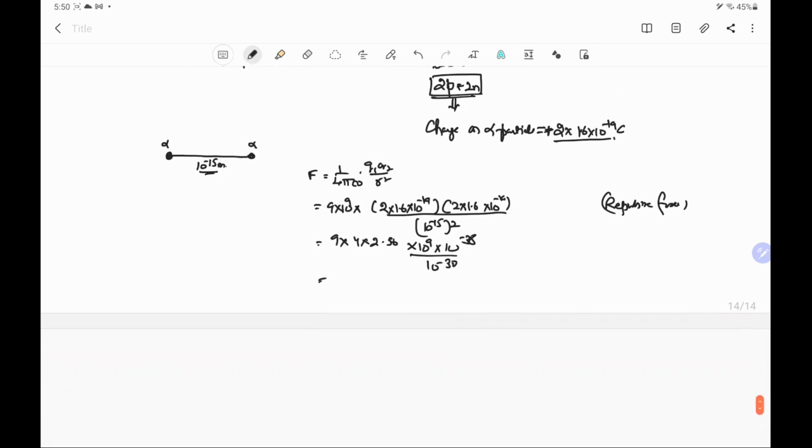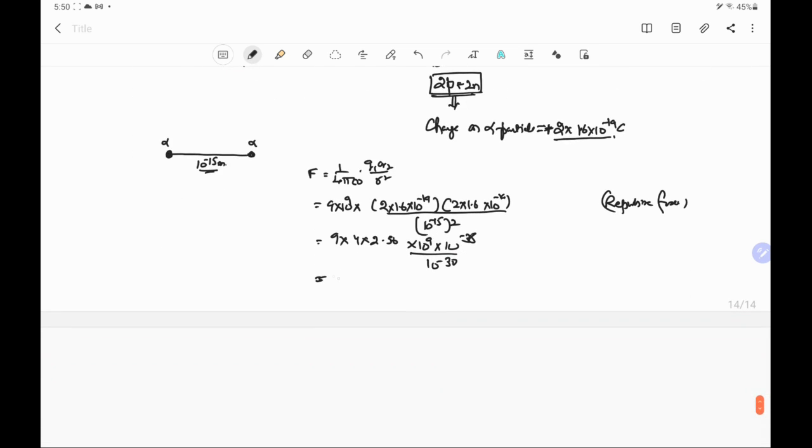It is equal to 9 into 4, 36, into 2.56, into 10 raised to the power 8, which is equal to 36 into 25.6. Approximately it will come to 900-something Newton.